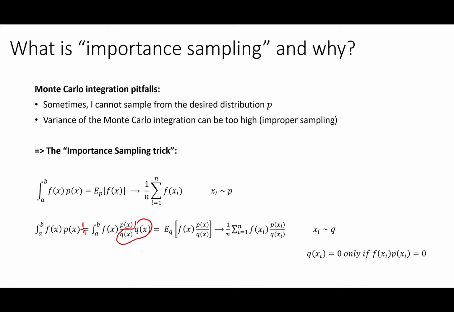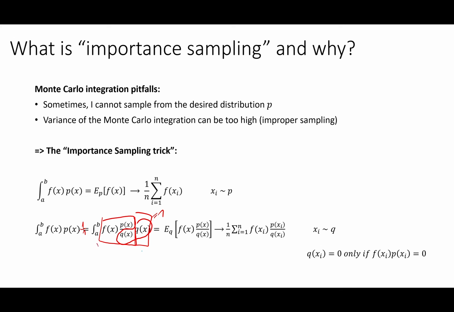It is still 1, but now we have multiplied the integrand by q over q, and now the shift happens. I can take this part as my new function I want to integrate, and this q is basically a new distribution I can sample from.